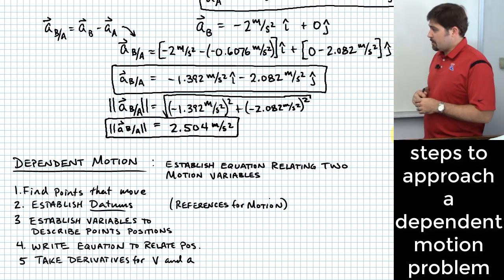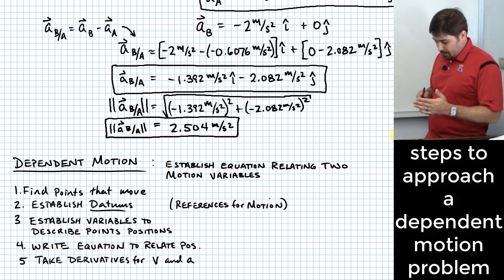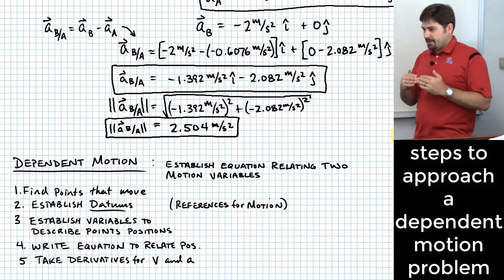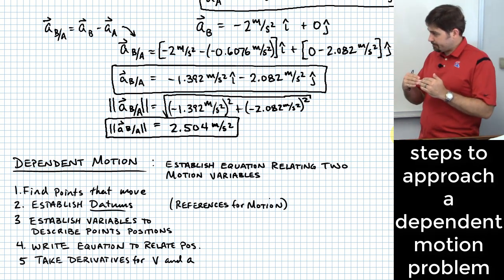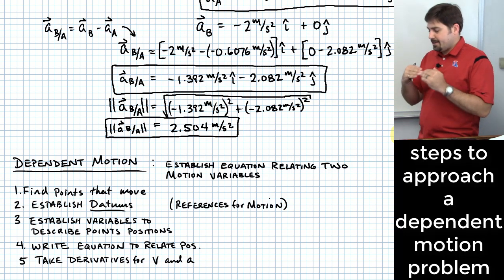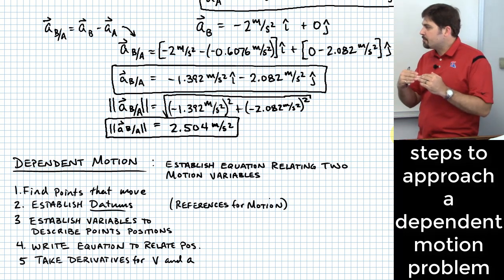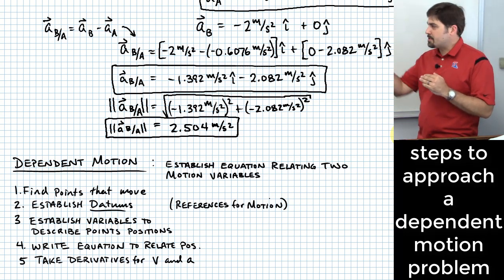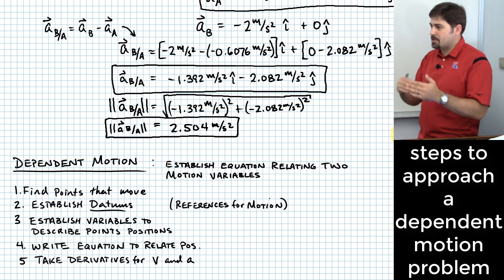The next thing you have to do is establish usually fixed locations that establish what those key points are moving relative to. So they're moving relative to what? And you establish a fixed line that they are moving relative to.